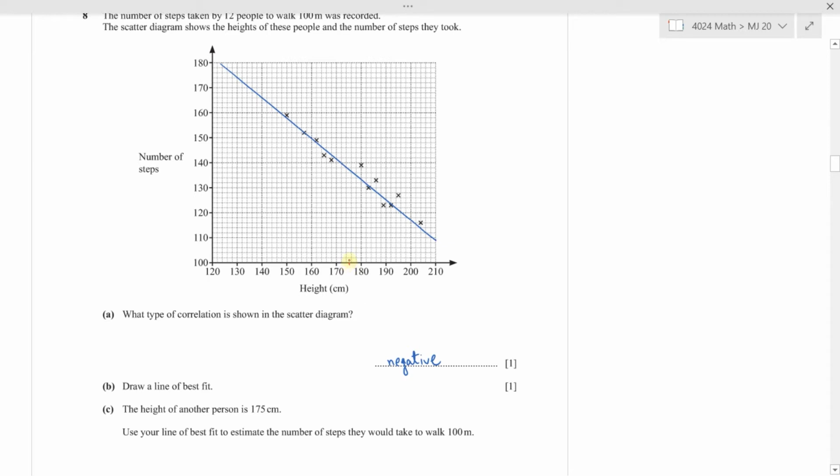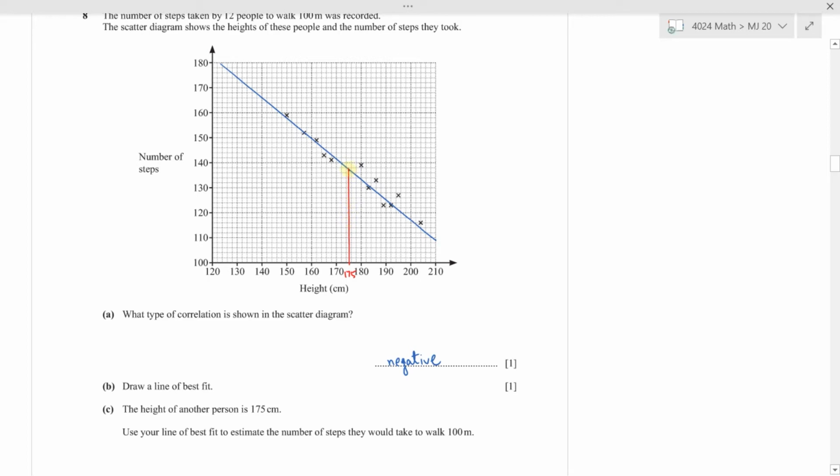So now I will draw a straight line from 175 and see where it intersects my line. 175 is in the middle here. In fact, let me try this again a little to the left so that it's in the middle of this block.